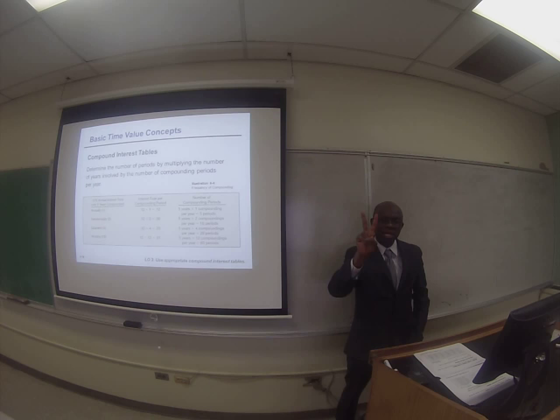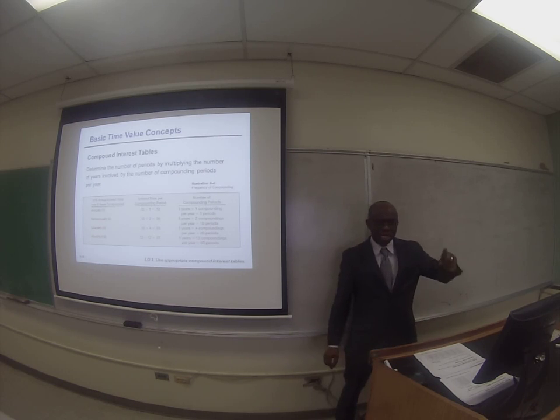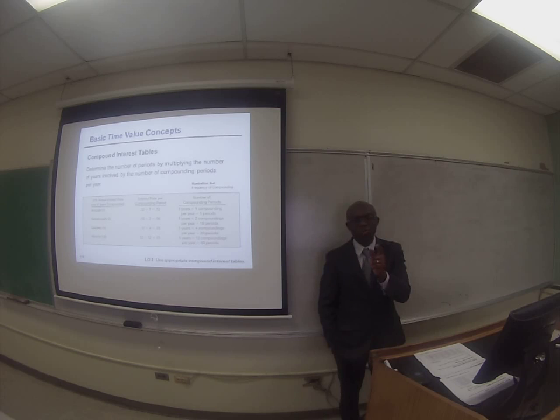So 2 times a year multiplied by 5 years would give us 10 periods. Now the interest rate per compounding period would be determined by dividing the annual interest rate, in this case 12%, by the number of compounding periods in a year. In this case, semi-annual, that is 2. 12% divided by 2 will give you 6%.